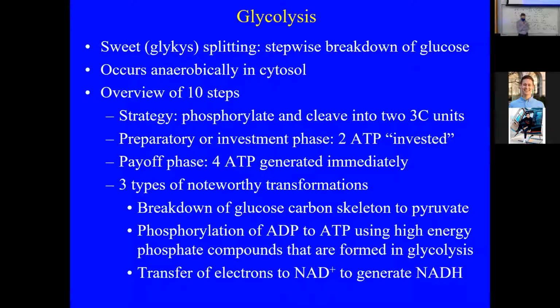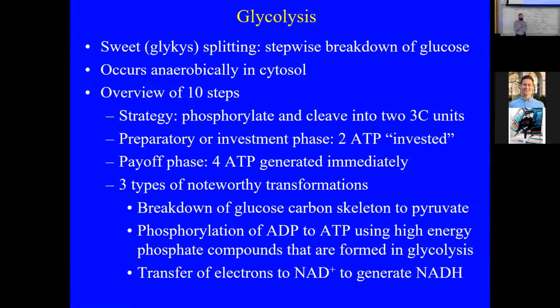There are some ways to work around this, but in the end, cells need a source of energy, and for most of our lives, glycolysis is going to provide molecules that will be used to generate high energy molecules. So 10 steps involving 10 different enzymes within the cytosol.